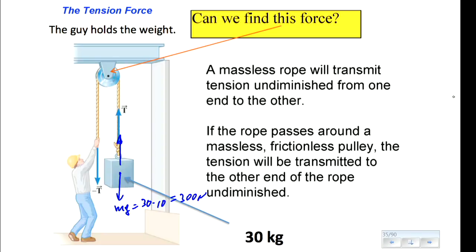Tension. Now, it's a number, and when we need to relate one number with another number, fractions. Tension might be less than 300, equal to 300, or more than 300. What do you think? What tension?